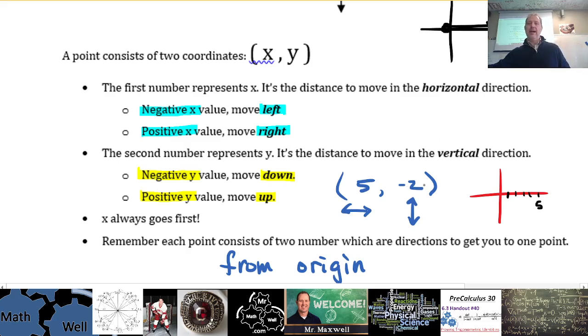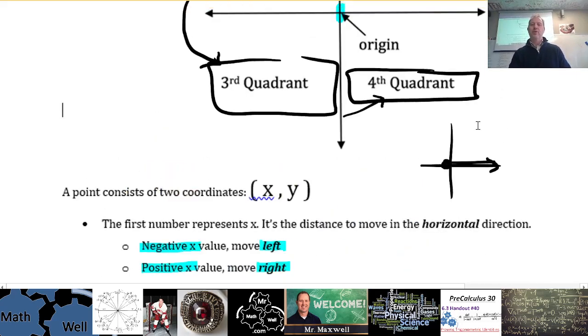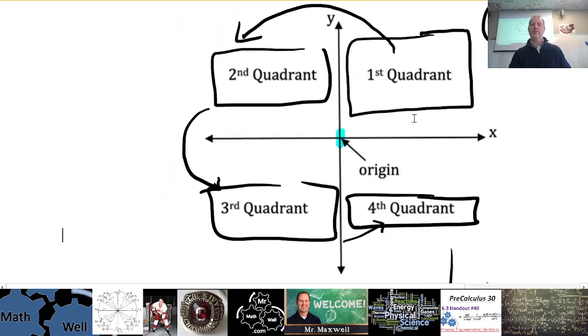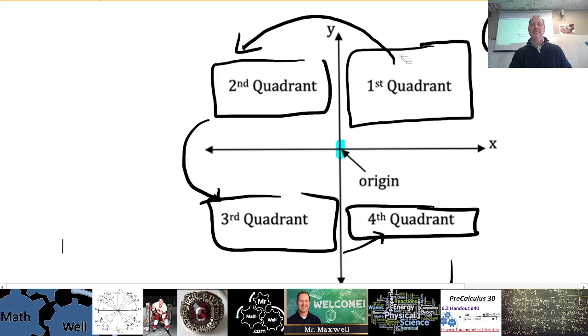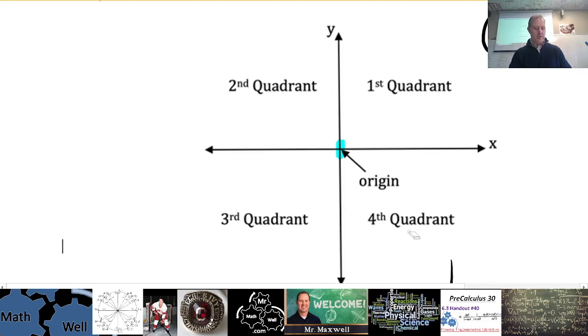Down, good. And how many units? 2. So I'm going to go 1, 2 units down, and there's my point right there. That is 5, negative 2. Okay? Now, what quadrant is this point in? Fourth. Good. Okay, some of you are paying attention. Fourth quadrant down here, you see? Fourth quadrant. Okay. Any questions about the first page there so far?